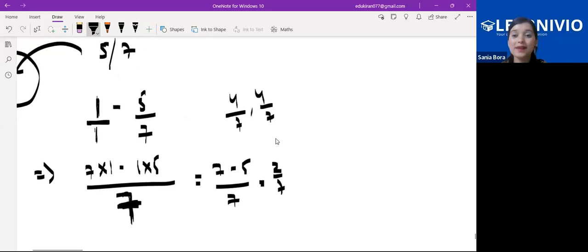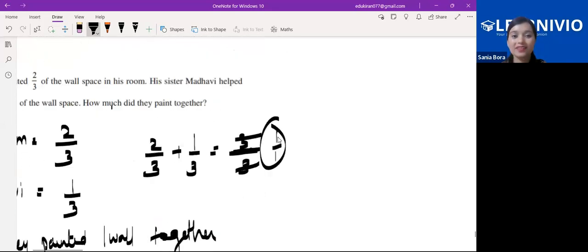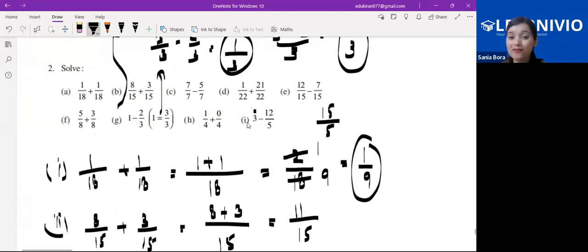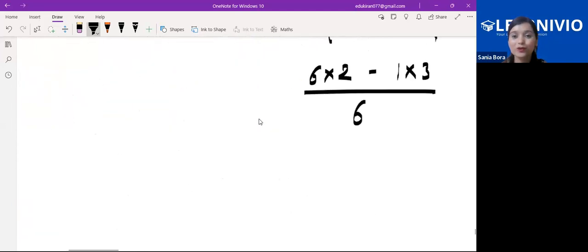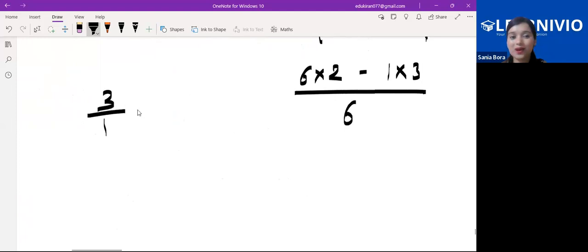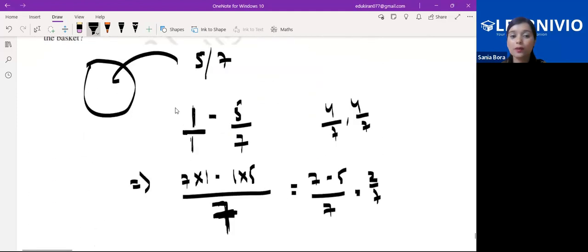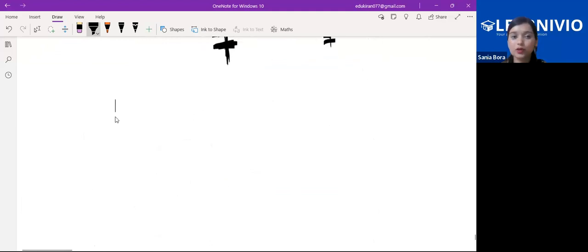Yes, Halima and Hannah. When we were doing this part, I told you, when you have a whole number, what do you do? We have to add 1 in the denominator. So in this case also you had a whole number, which is 1. So it is like 1 minus 5 by 7, and you will automatically write a 1 here. Do they have the same denominators now?